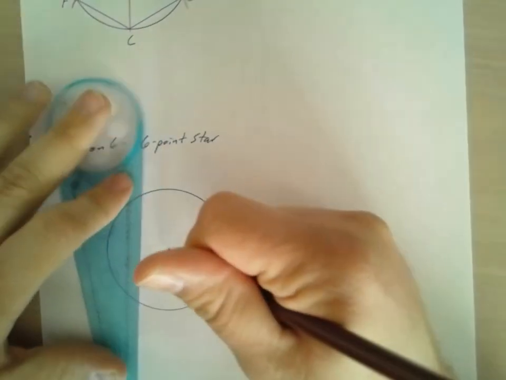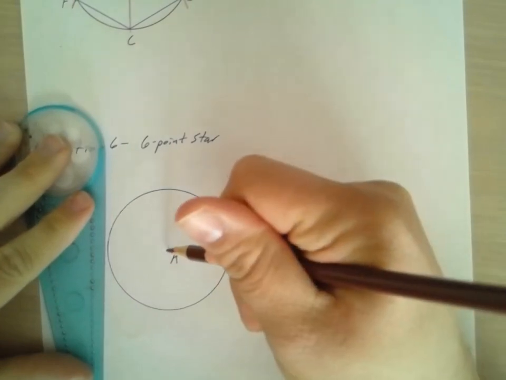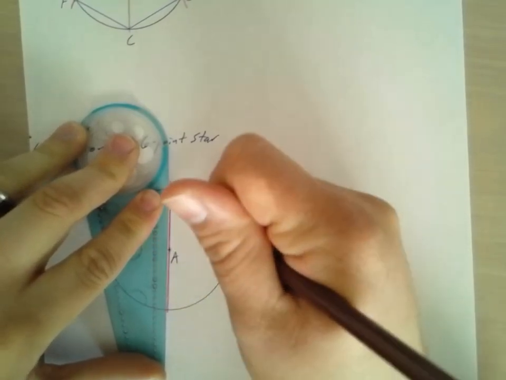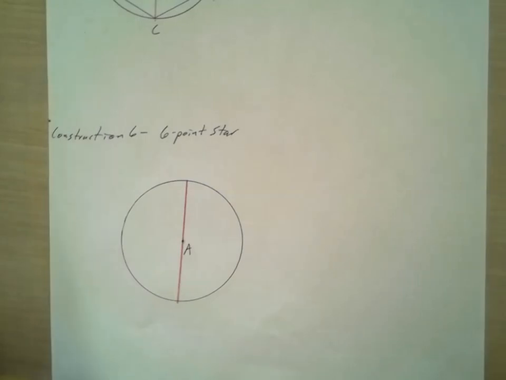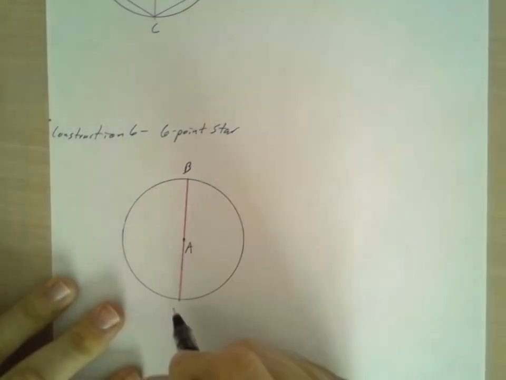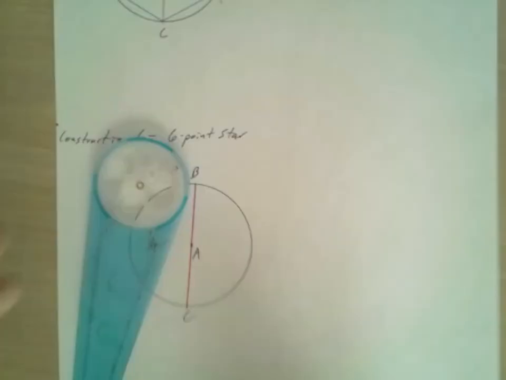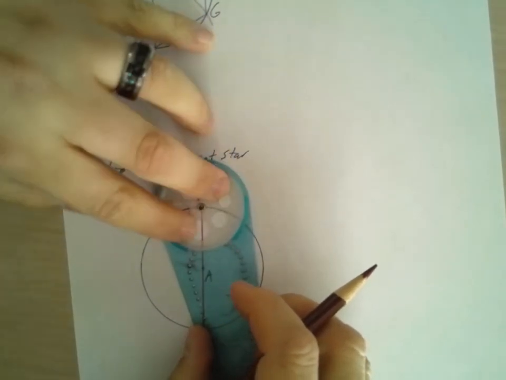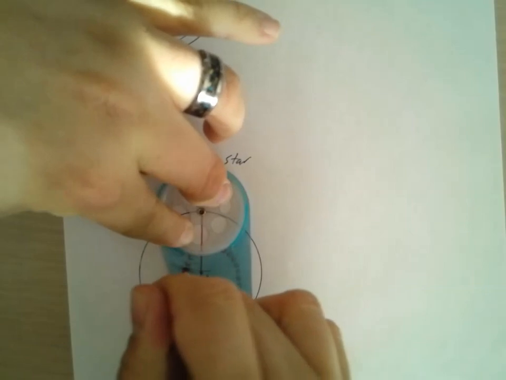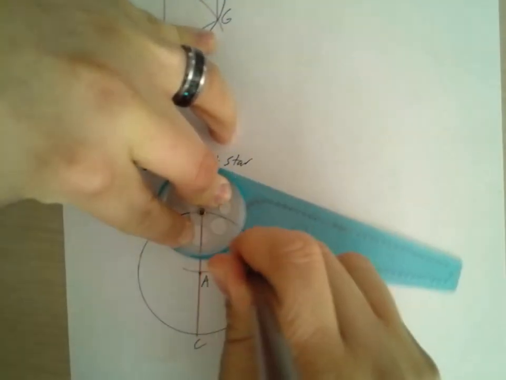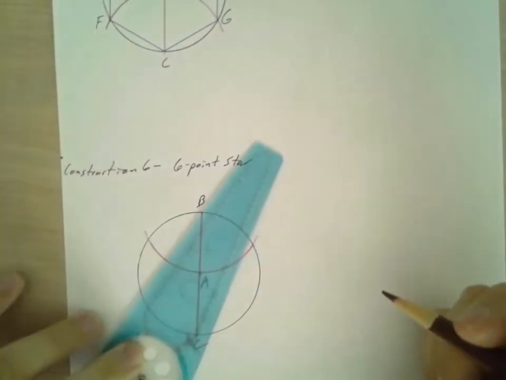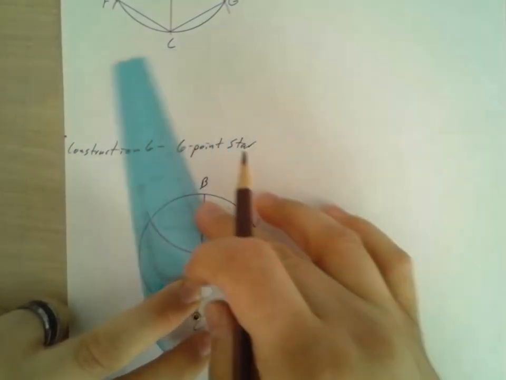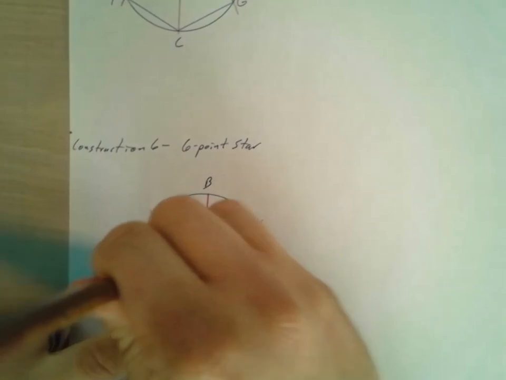From there, I'm going to go ahead and set my pen or pencil on A, press my compass up against it, and go right like that to create my diameter, which gives me B and C. And then I repeat the process of putting my center at B, double check my radius to make sure I'm correct, and then I come down to the bottom and repeat the process with my center at C. I double check my radius once again, and then draw my arc.